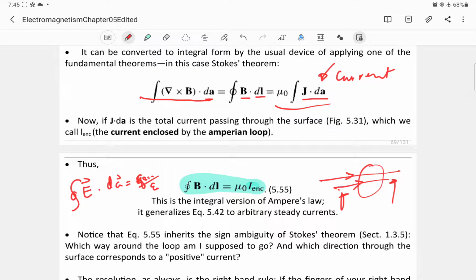That's Gauss's law. Here your field is the electric field, and this one is the magnetic field.